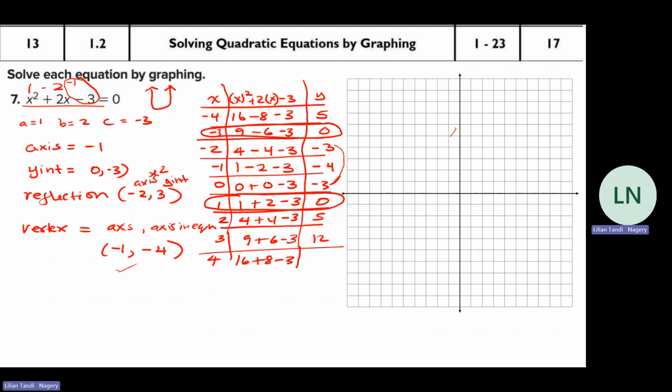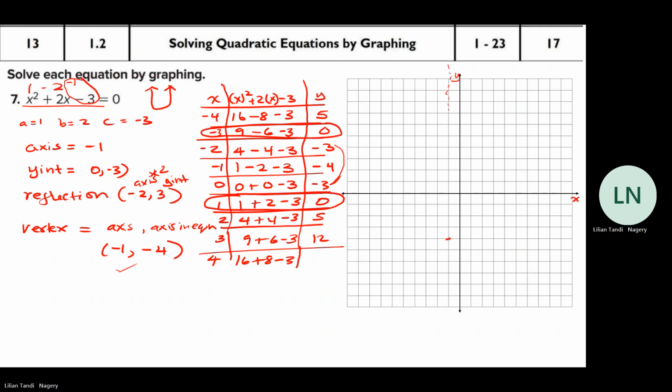And so on. Then you draw your graph, your axis of symmetry. That's what you start by. You're checking, you're eliminating your graph. Start with your axis of symmetry: -1, -4. There is your axis of symmetry.